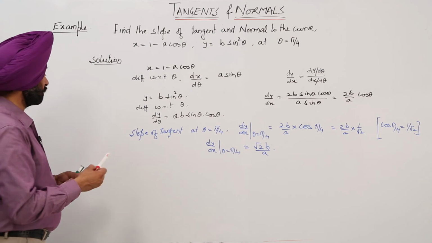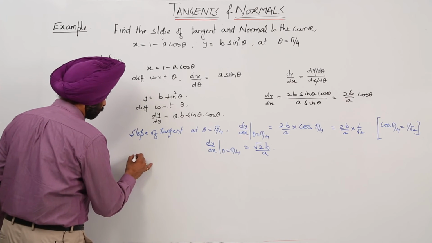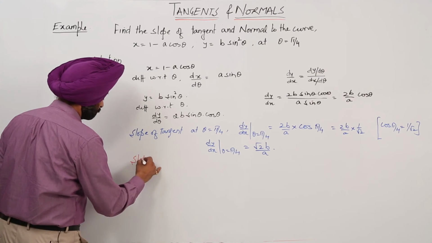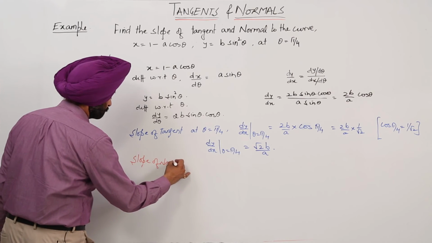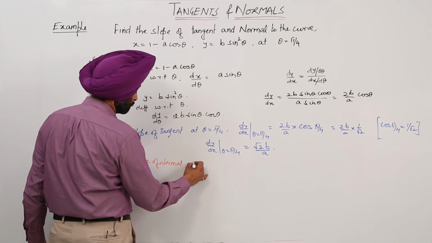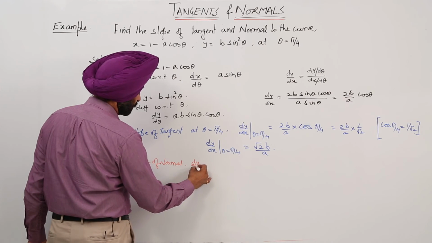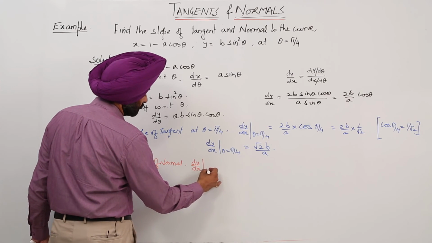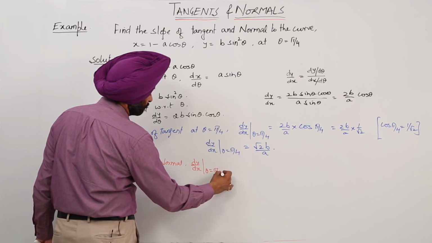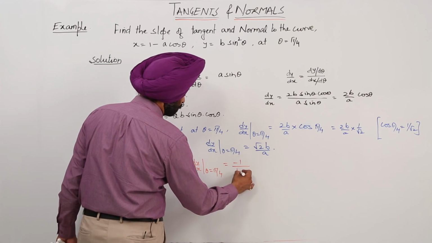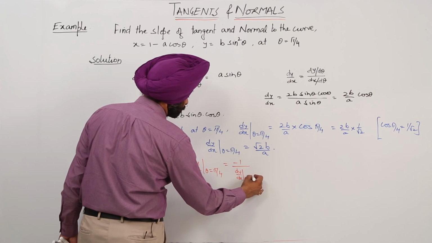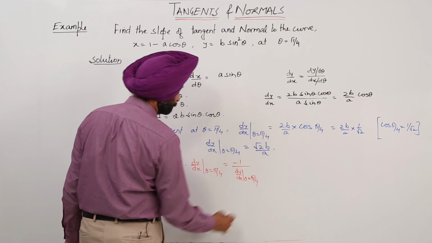One thing. Now slope of normal at theta is equal to pi by 4 is equal to minus 1 upon dy by dx at theta is equal to pi by 4.